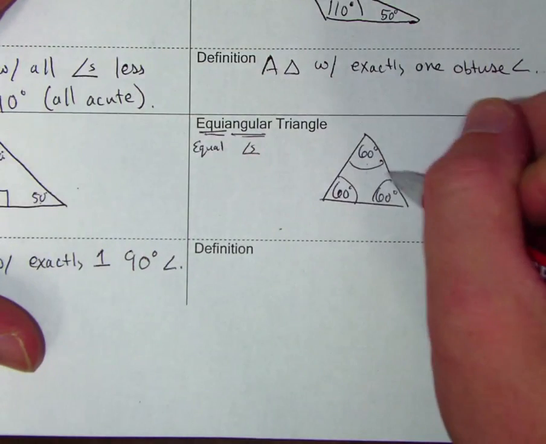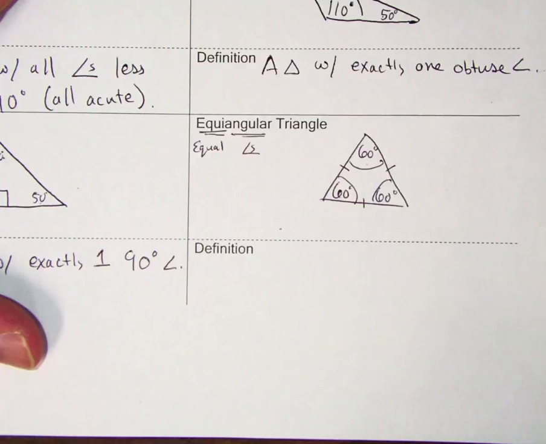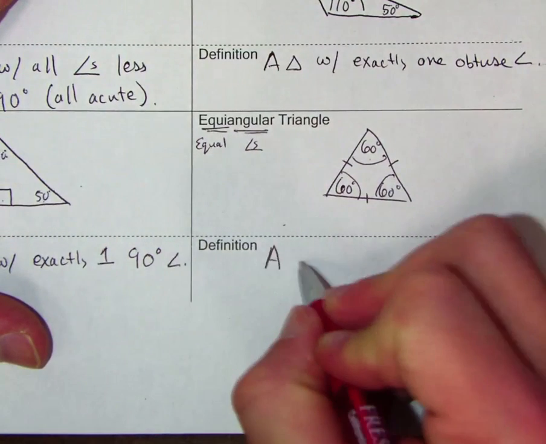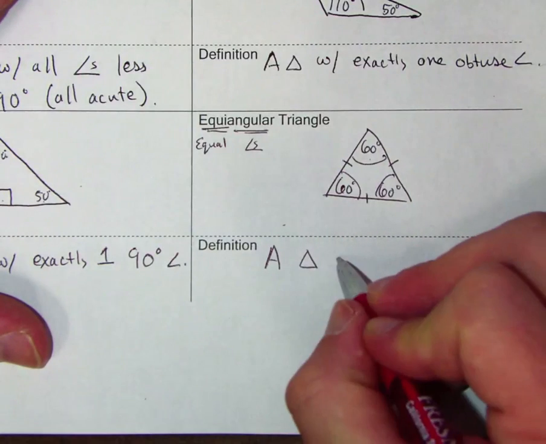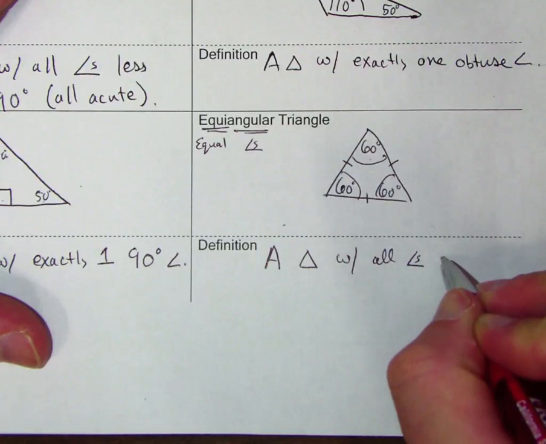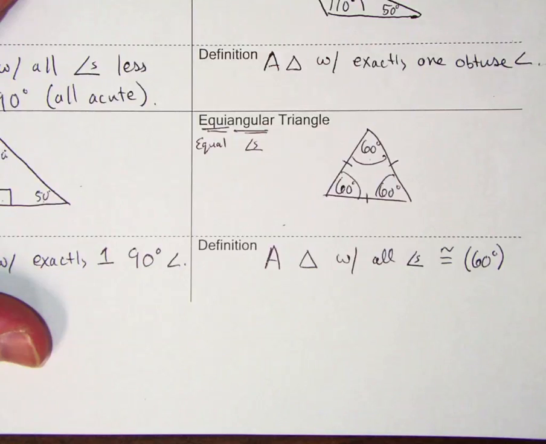And it turns out if it's equiangular, it also becomes equilateral, which means this would be regular. So an equiangular triangle is a triangle with all angles congruent, and that means 60 degrees. It also, though, means it's going to be equilateral, so it'll be regular. So that's classifying by the angle measures.